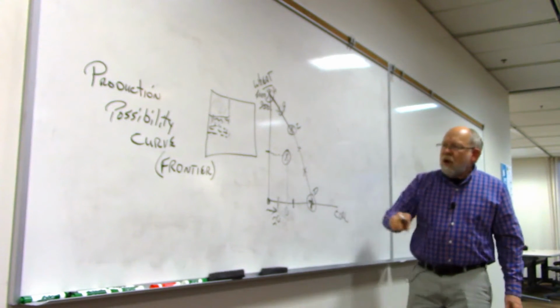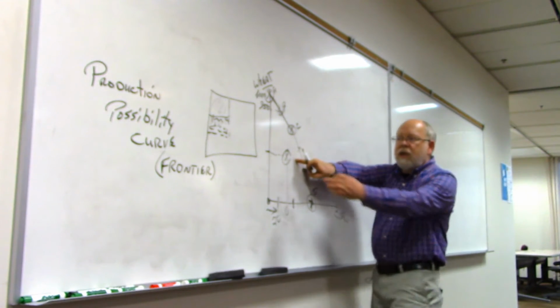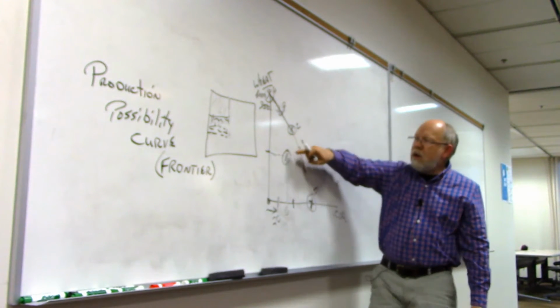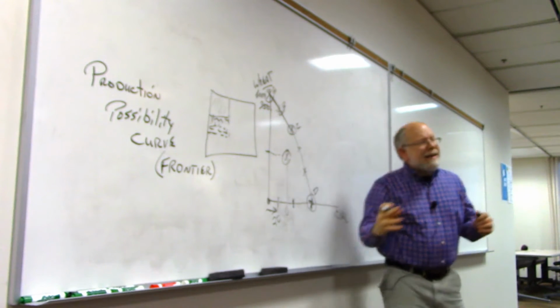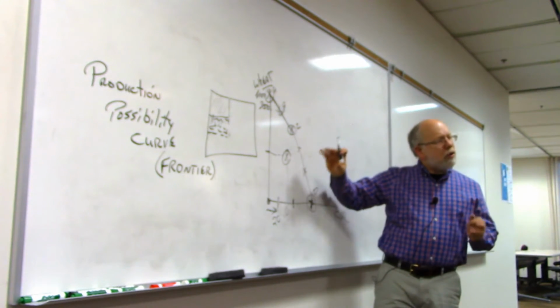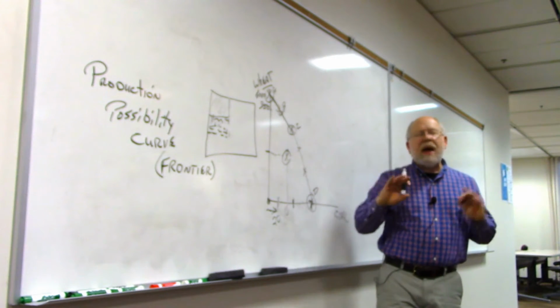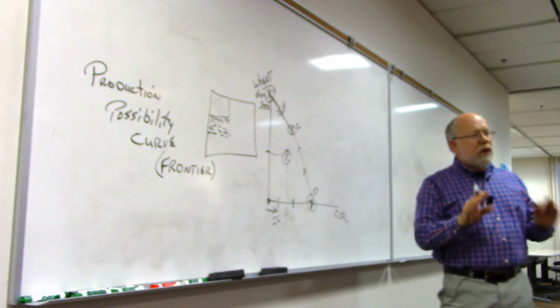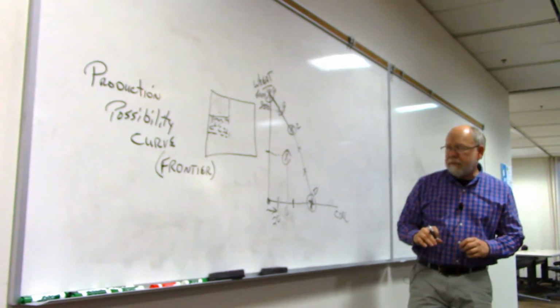In that case, we could increase our coal without decreasing wheat, or we could increase our wheat without decreasing our coal because we're inside our production possibility curve. In other words, we have unused resources. If we're on the production possibility curve, we've maxed out. We've used our resources to the maximum extent that we possibly can.